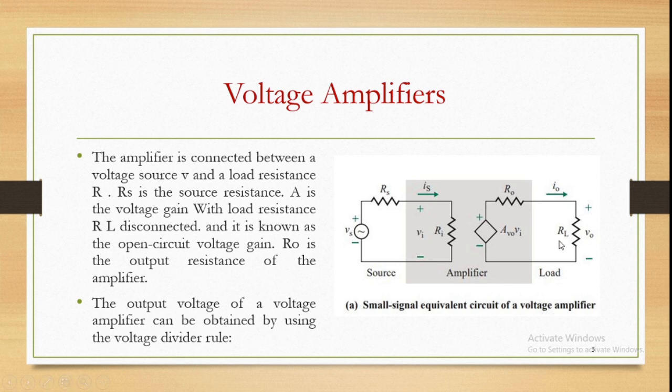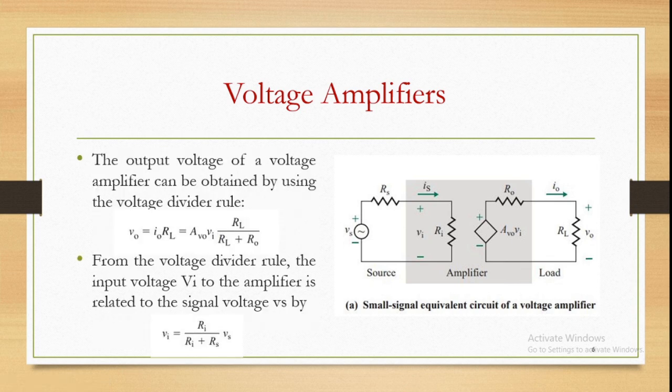The output voltage V0 can be obtained by using the voltage divider rule between R0, RL and AV0 into Vi. AV0 is the open circuit voltage gain of this amplifier. So the output voltage of a voltage amplifier can be obtained by using the voltage divider rule.